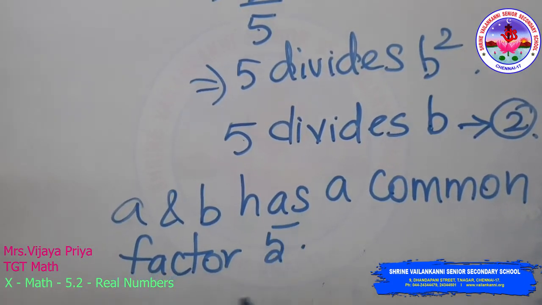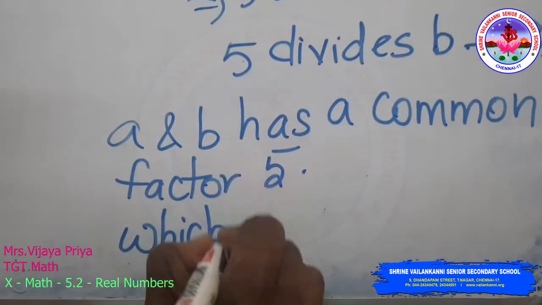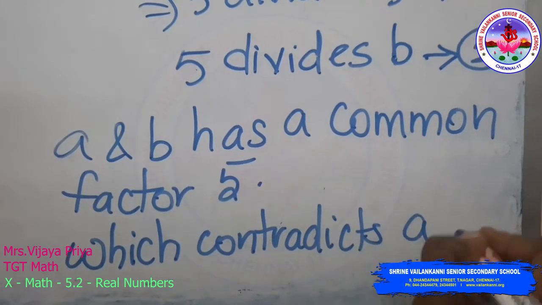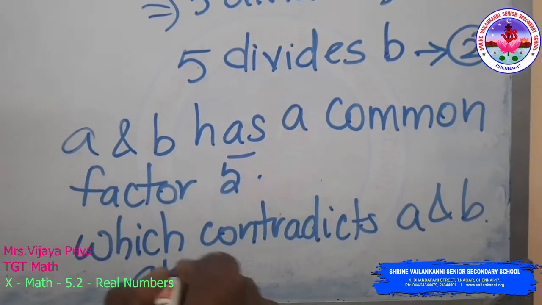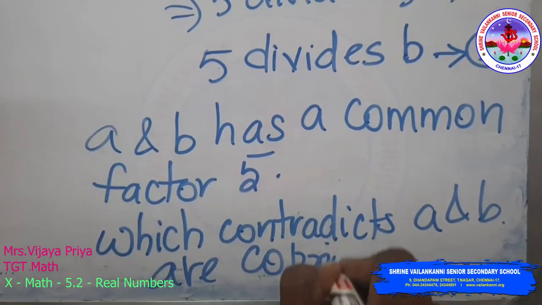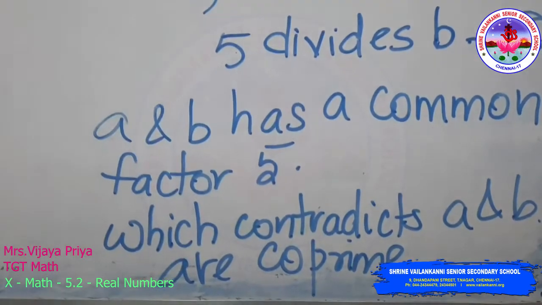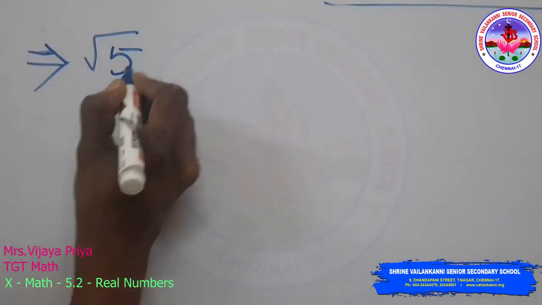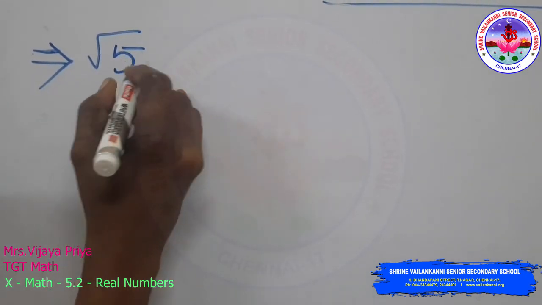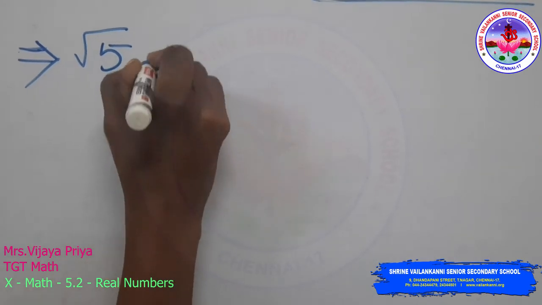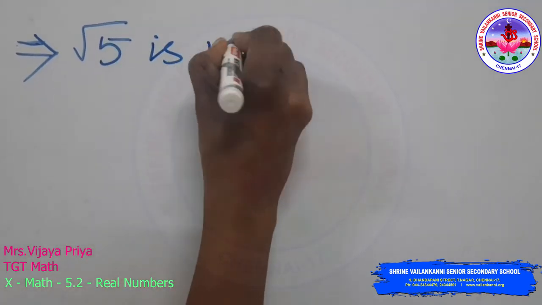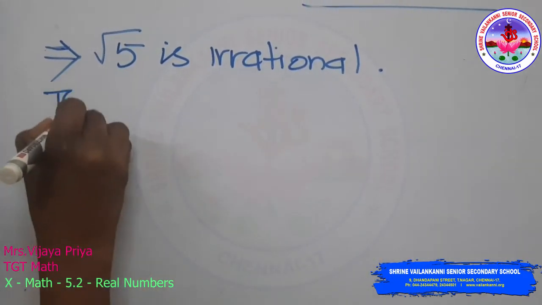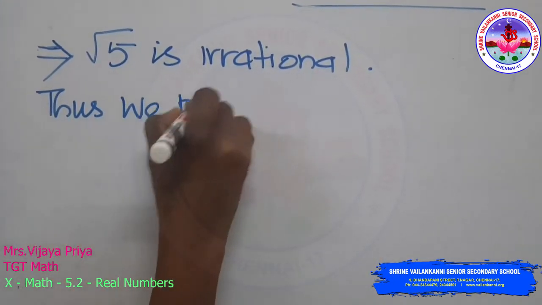Which contradicts the fact that a and b are co-prime. This is because of our wrong assumption that root 5 is rational. So here it contradicts our assumption that root 5 is rational. So it becomes root 5 is irrational. Thus we prove.